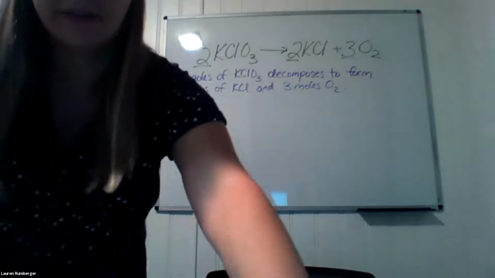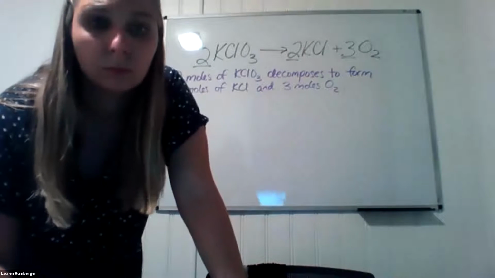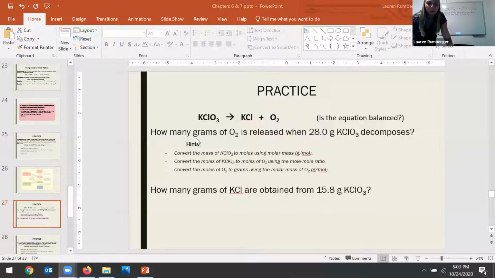So now looking back at the question, let's look at it together. It says how many grams of oxygen is released? So meaning how much oxygen is formed when the 28 grams of the KClO3 decomposes.